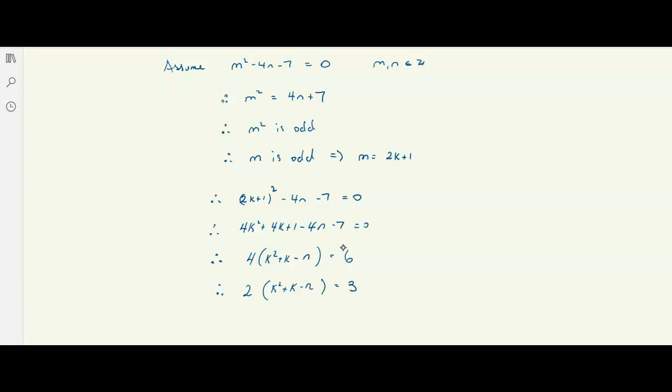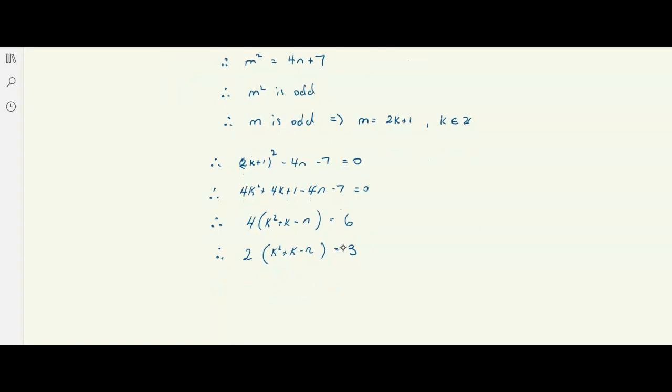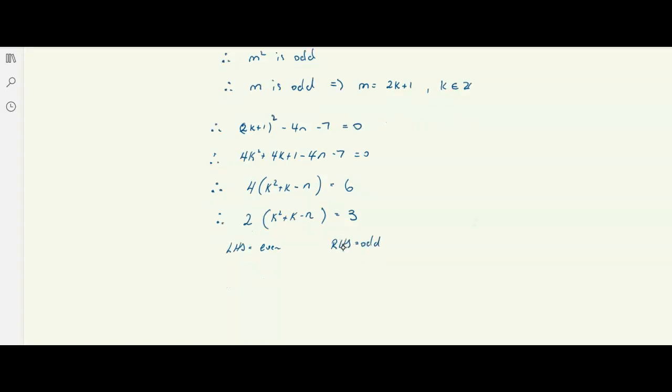Oh, that's interesting. Now what's k? Up here I should have said k is an integer. K is an integer, n is an integer. So this is twice an integer, so this has to be even. Left hand side is even, right hand side is odd. So it's broken down.